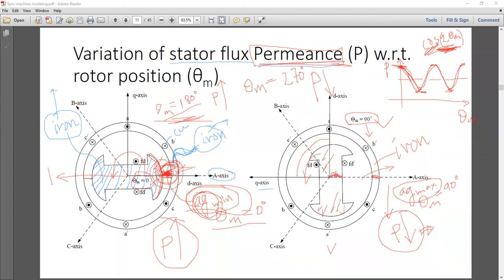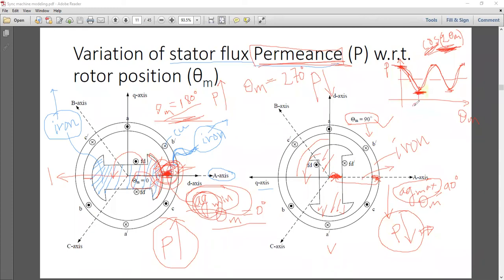There is some iron here and there is some iron here, so there is some permeance. There is some permeability present because of the presence of this iron core, albeit at a very low value. So this value will not be 0. Rather, it is a positive value.